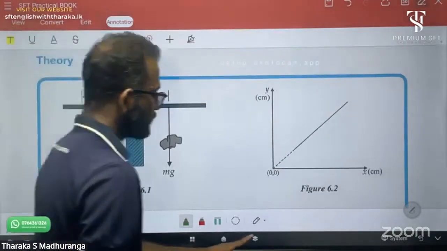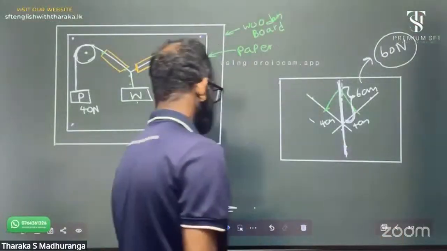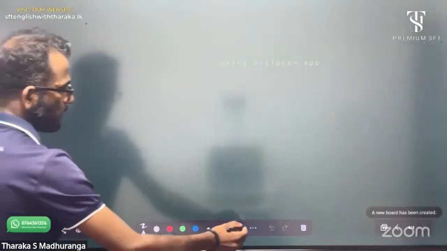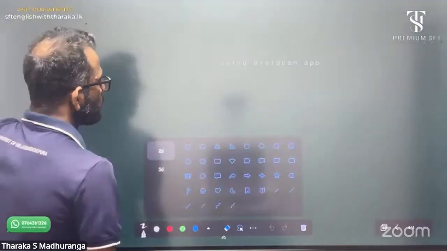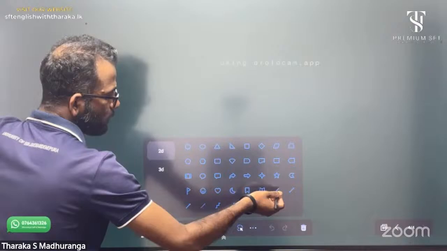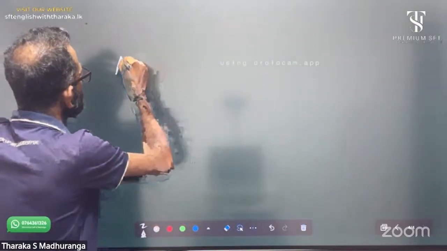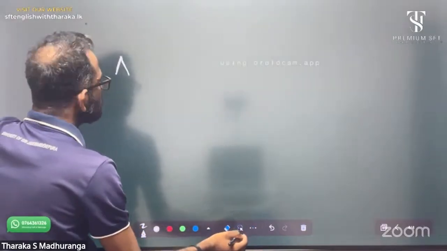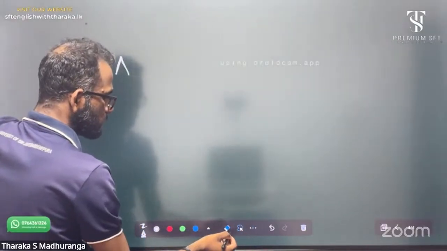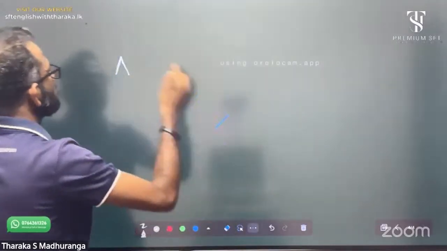How do we do this practical? It is very simple. First get the sharp edge like this, and balance the meter ruler on this edge.